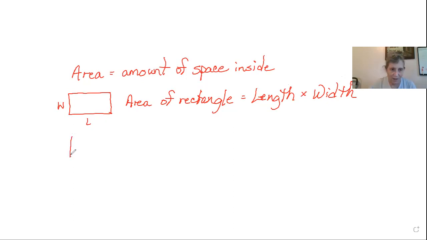If it's a square, so that the length and the width are exactly the same, the area of a square would be the length times the width. And in this case, I called them both S. I could have called them A or Z or Q or whatever. It's just going to be whatever the length of the side is times the length of the side. And since the 2 lengths are the same, it's going to be S squared.